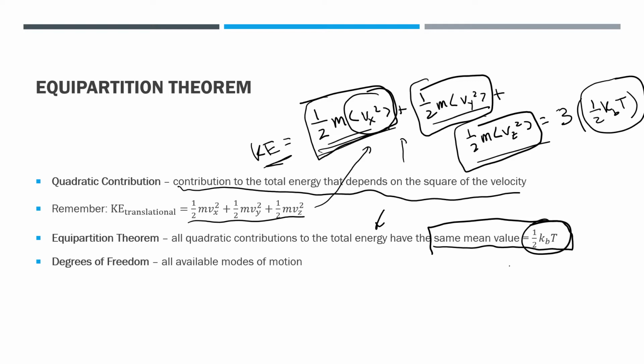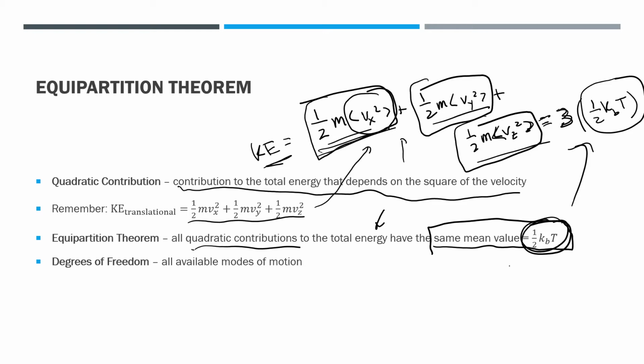So each of these guys, because this is equal to 3 times 1 half kBT, must contribute half kBT. So all of these quadratic contributions have the same mean value of half kBT, which is exactly what we showed up here.